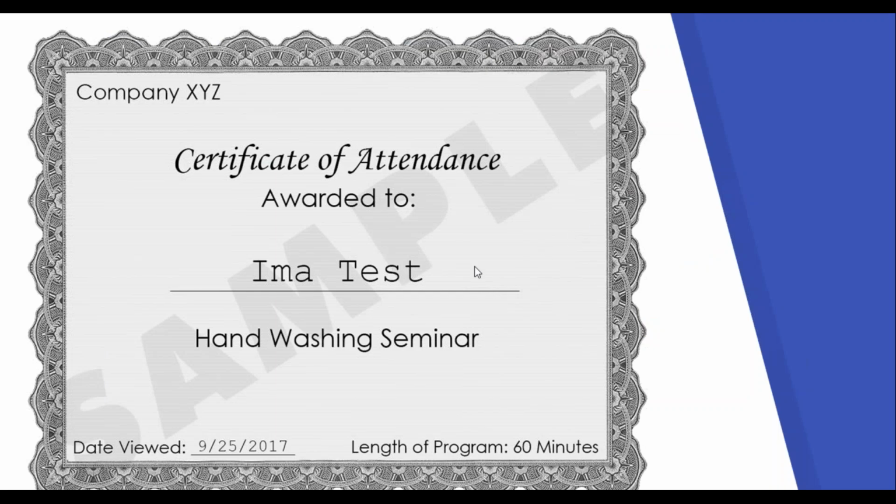You can see that the name of the seminar and the date and the length of the program are all listed on the certificate. These are the items that are required by AMT as proof of completion. I don't need to submit the paperwork to AMT, but I do keep it in case I am audited. I'll explain more about that in a minute.